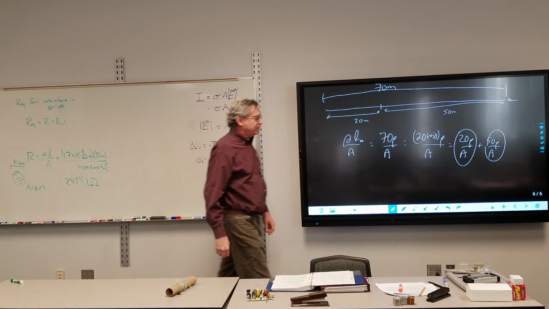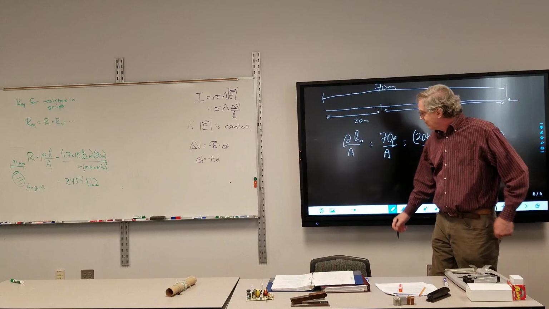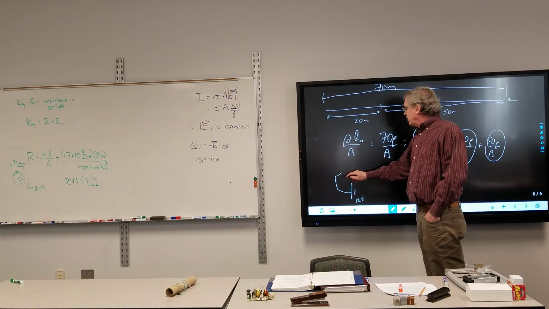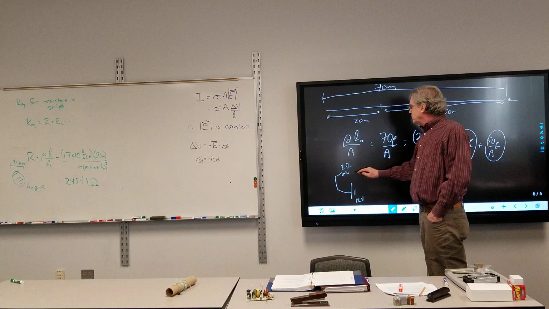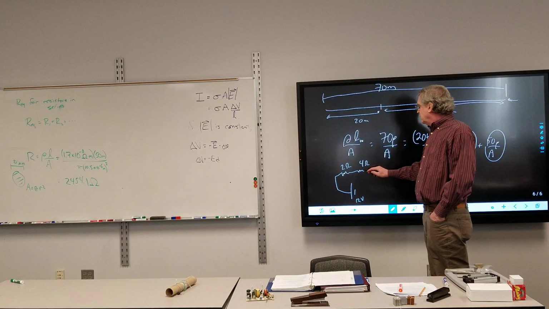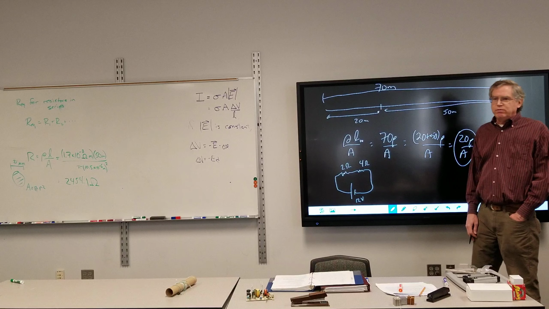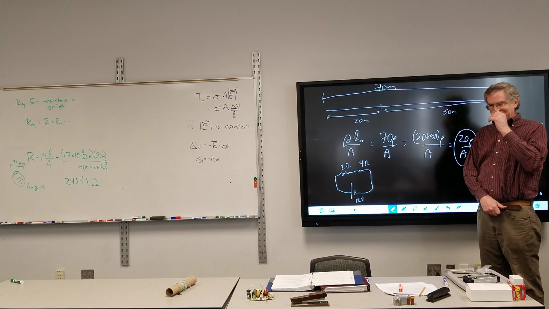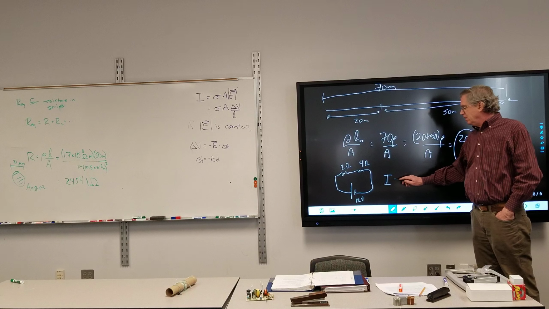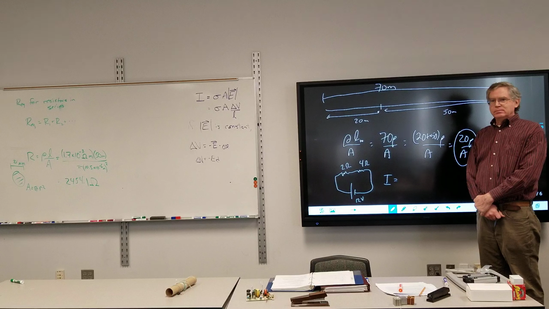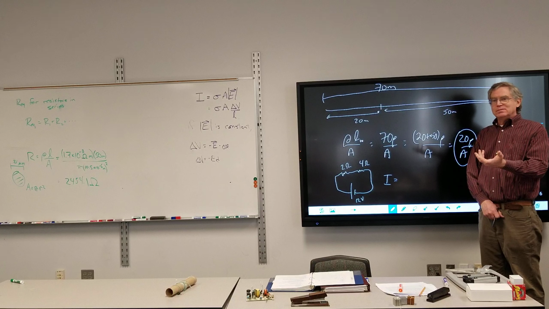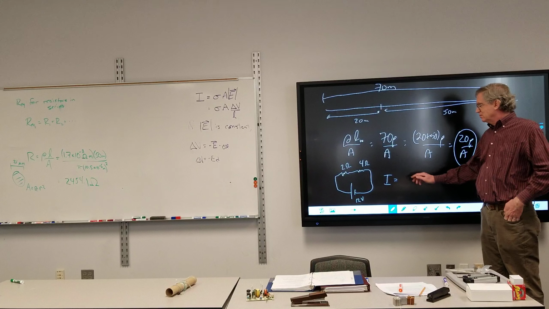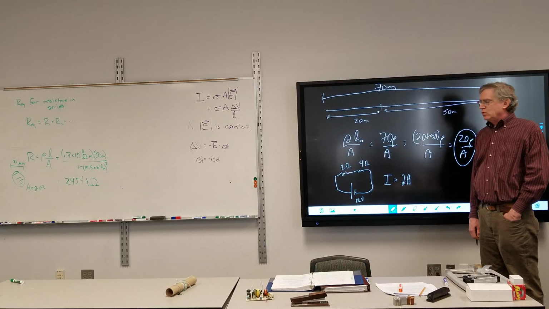Just do a quick example there, or a quick plug and chug. I got my 12-volt power supply hooked up to a resistor here of 2 ohms, a resistor here of 4 ohms. What is the current flowing through? Good.